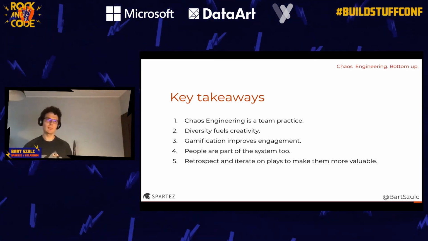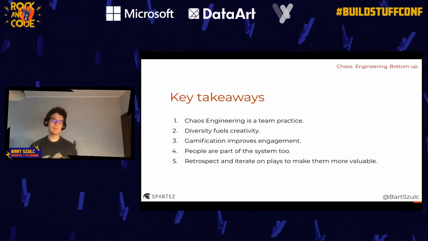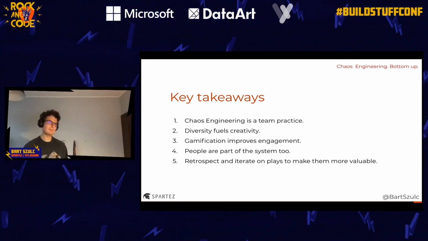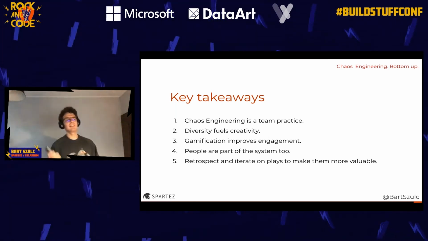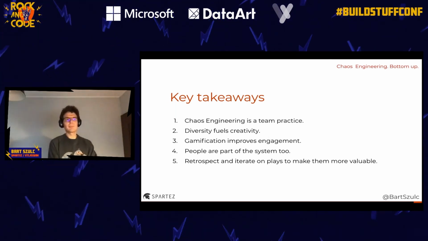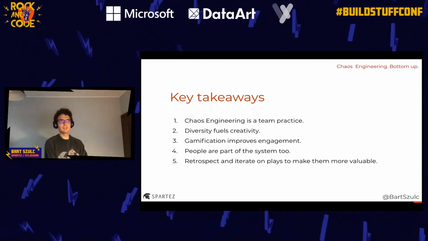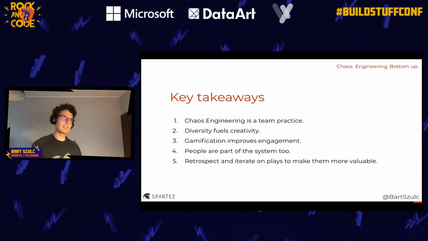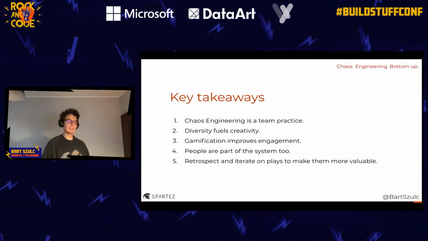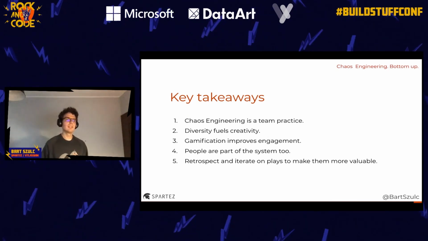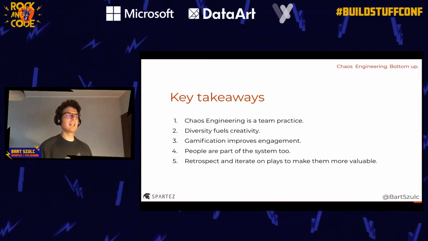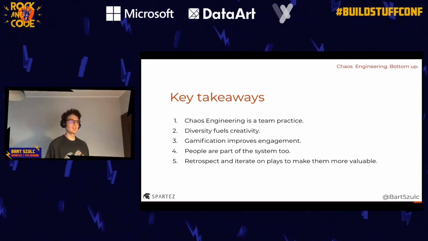So we have this competition between people and teams. And people are part of the system too. This is also something that we learned while running chaos engineering. It is not enough to focus on the system itself, but you also need to consider people and how they will react in stressful situations.